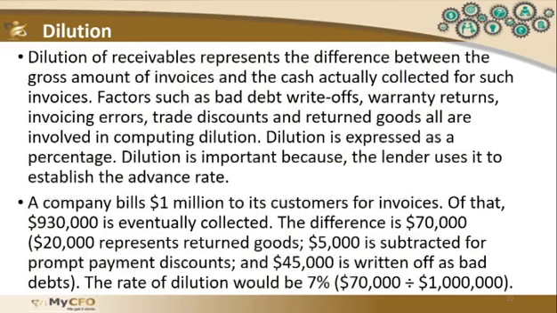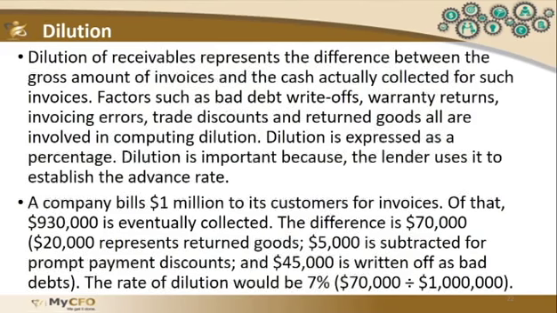Dilution generally refers to the difference between what you have invoiced and the actual cash you collect from your customer on that particular invoice. Factors include bad debt write-offs, warranty, returns, invoicing errors, and trade discounts. So basically anything other than cash that you credit to your debtor adds up to dilution. Dilution is expressed as a percentage. Dilution is important because the lender uses it to establish the advance rate.